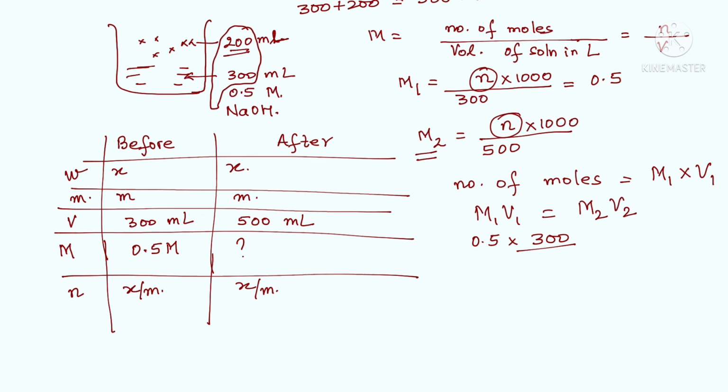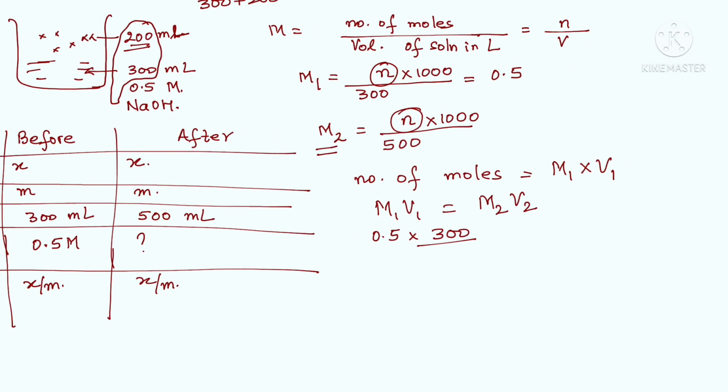So if you want to go the fast way, no need to convert into liters, because you will anyway cancel it. Okay, 500 by 1000. Now calculate. M2 comes out as 0.3 molar. Got it? 1000 is the same on both sides.